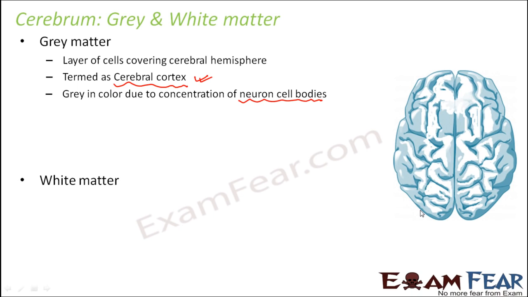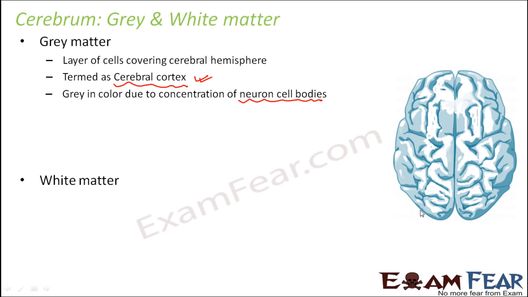This area is neither sensory in function nor motor in function. Sensory means it will only interpret things which the sensory organs see or hear or smell. So it will only interpret the information received from the sensory organs. This region is neither completely sensory nor completely motor in nature.